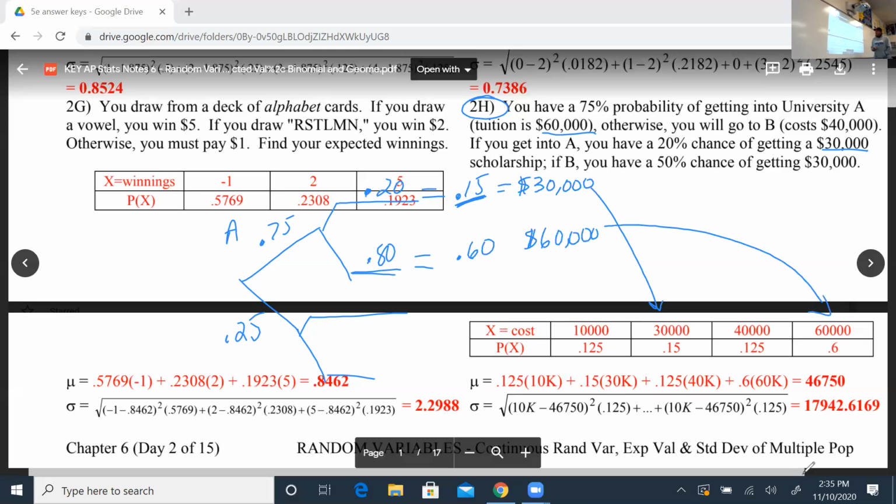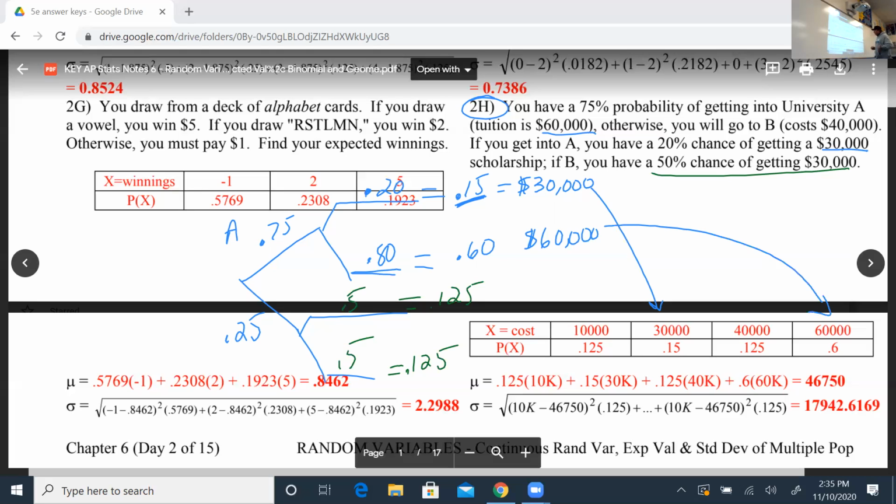Okay, and the last two here we've got, I'll change colors for you, go green. For school B, you've got a 50% chance of getting a $30,000 scholarship. So 50%, that's 0.125 on each one, okay?